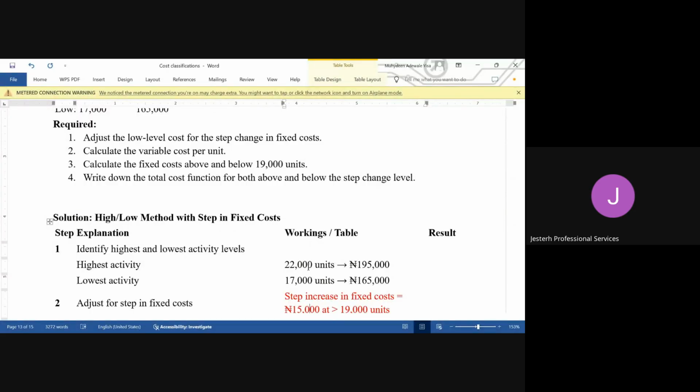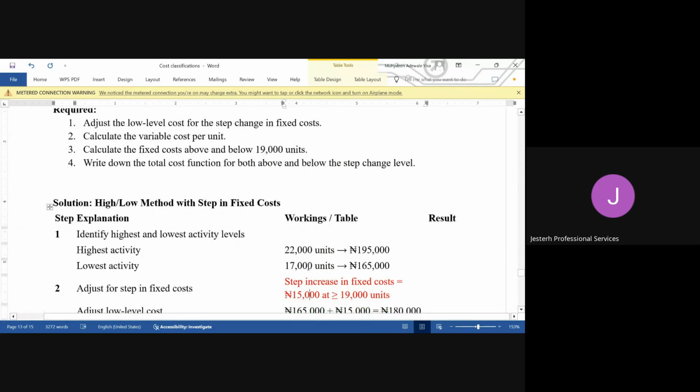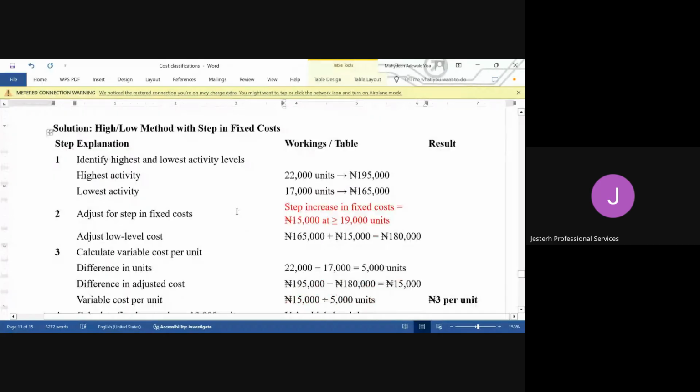Now we're able to determine the total cost that we are going to get if the level of activities increases to 19,000 units.